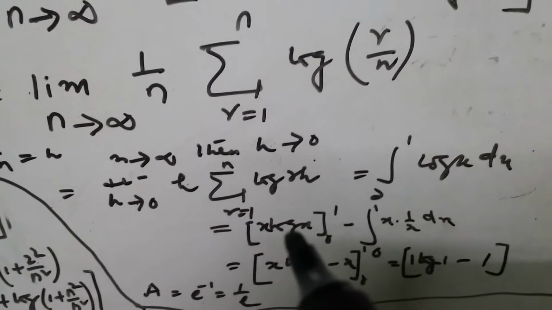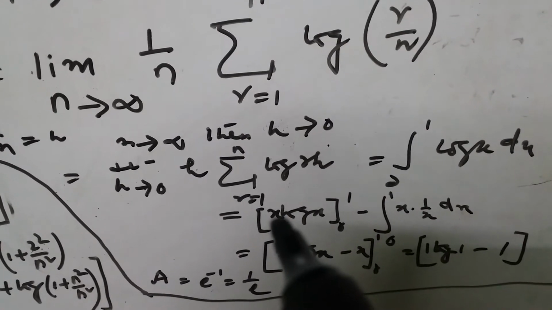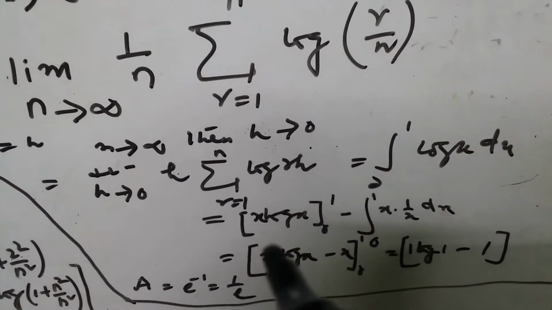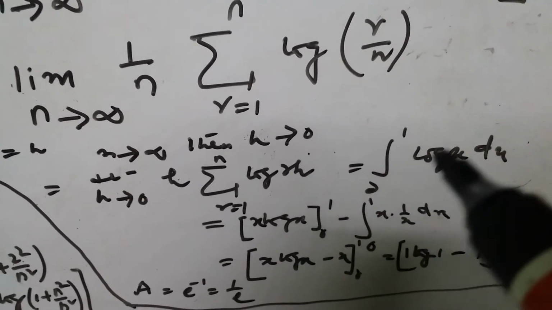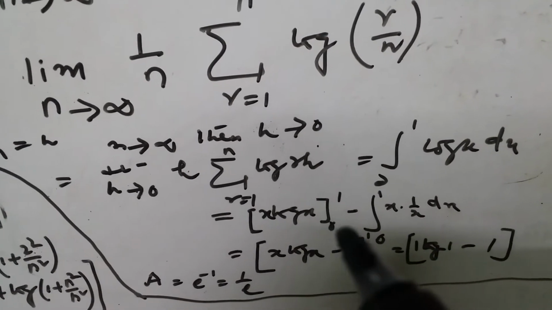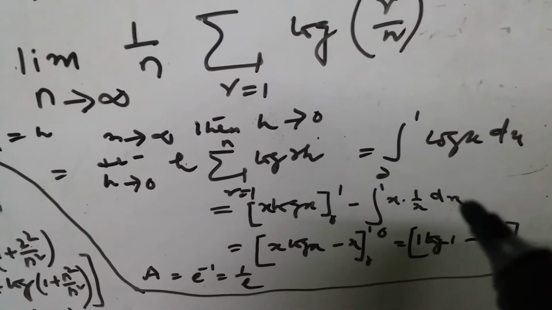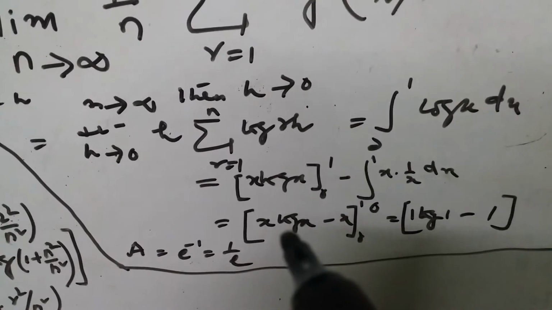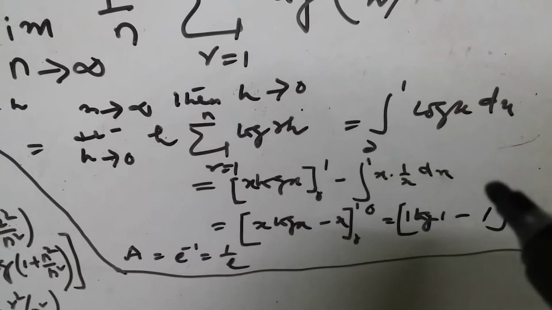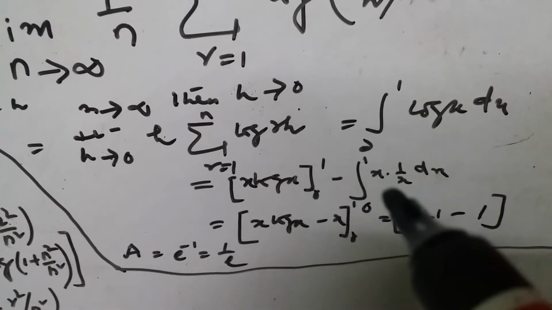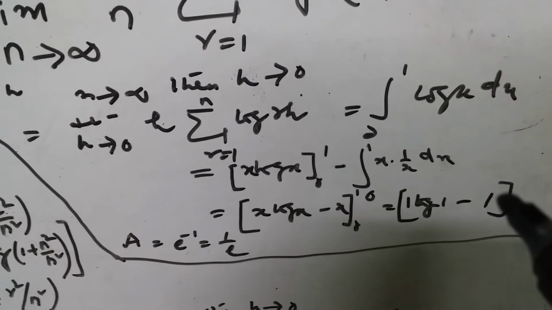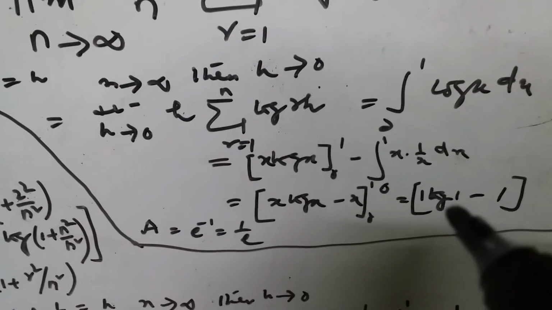After doing integration by parts, you get x log x from 0 to 1 minus the integral of x into 1/x dx, that is equal to x log x minus x from 0 to 1, and that is equal to the integral of dx equal to x. So here 1.